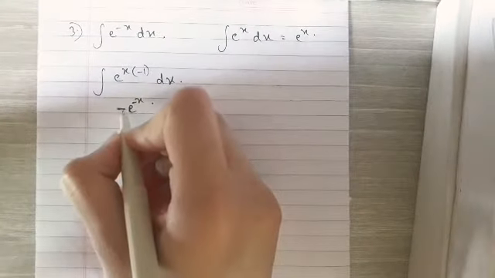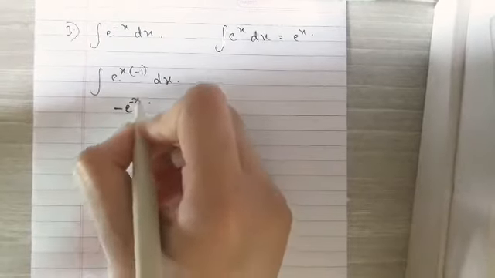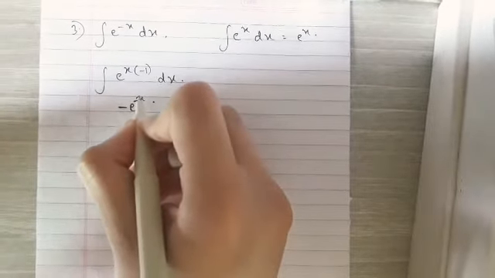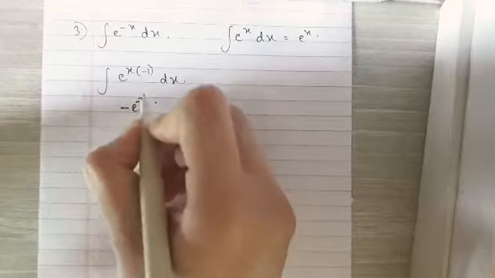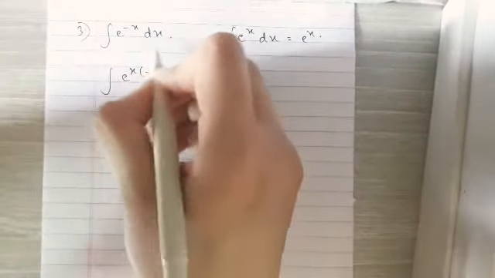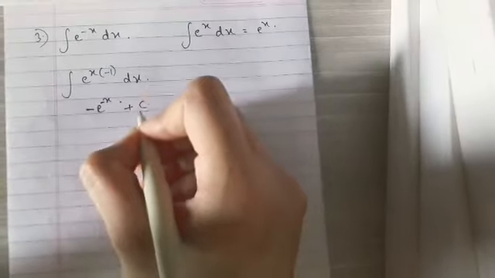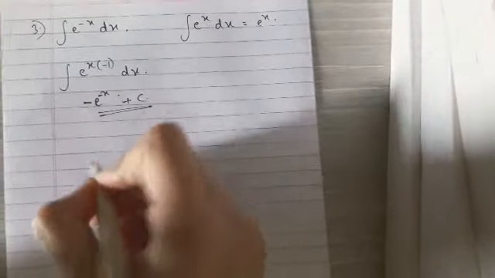All we need to do is multiply it with the coefficient of x, so that when we differentiate this, we would have e raised to minus x into minus 1 into this minus sign. So ultimately we would have e raised to minus x. Now don't forget to add plus c in the answer, and we're left with this, which is the final answer.